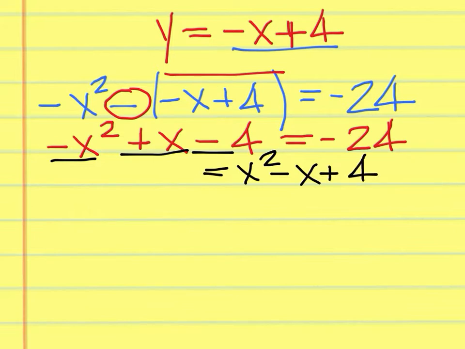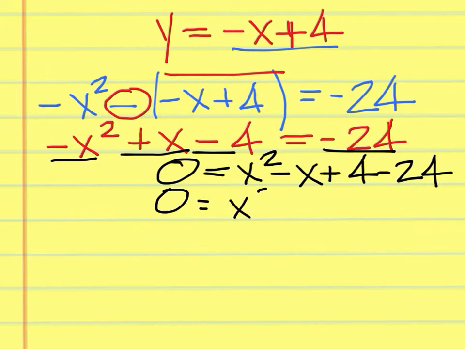And then you have a minus 24 that's already on the right. In other words, everything goes to the right so that we can make x squared positive. So it's much easier to factor if that's possible. This was already on the right, so it stays minus 24. So 0 equals x squared minus x. What is 4 minus 24? Negative 20, yeah.